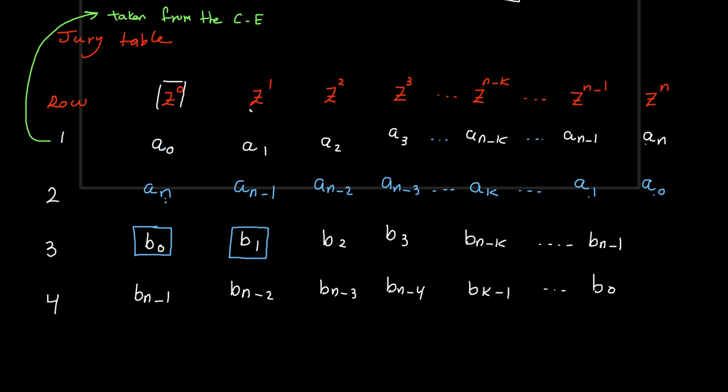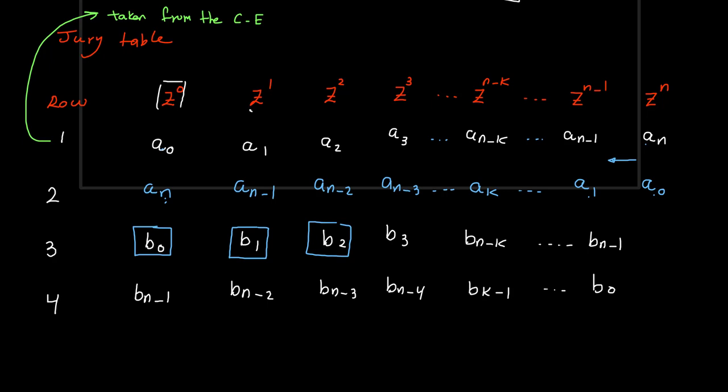So I'm shifting one in the direction of reducing the n. What about b2? The same: it will be a0 multiplied by a2 minus a_n multiplied by a_(n-2).